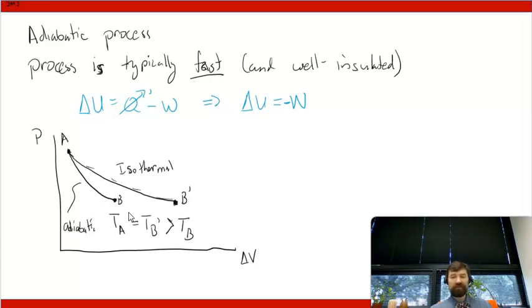The process is usually rapid enough that there isn't time for there to be much heat flow into or out of the system, and so you have a compression of the gas within the engine's cylinder that is quick enough that the process is occurring with virtually zero change in heat, 0 Q. And so you're doing work on the gas, you're also heating the gas, and that's as close to adiabatic as you're going to get. It's a very fast process.